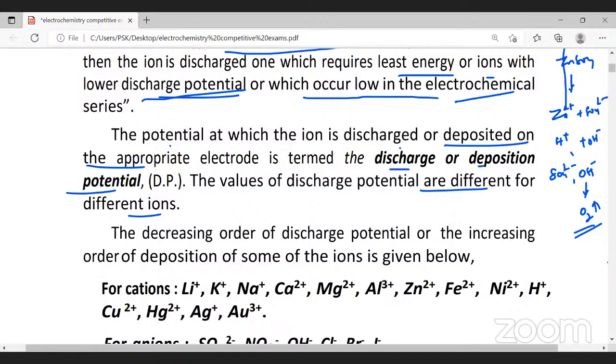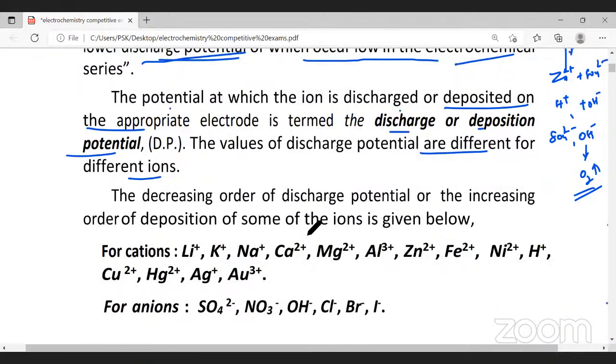For cations, lithium will get liberated more easily compared to potassium, calcium, sodium, and so on. For anions: sulfate, nitrate, OH minus, Cl minus, Br minus, etc. It goes on. We will learn this in the electrochemical series in detail.